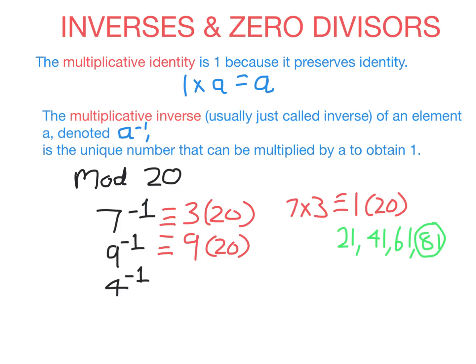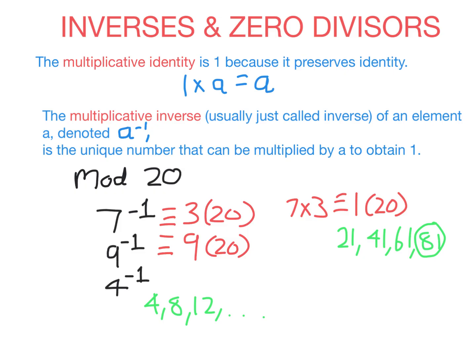All right, let's try and calculate the inverse of 4 mod 20. And hopefully you see here that we're going to run into a problem. So the problem is if you multiply 4 by any number, the answer is always even. 4 times 1, 4 times 2, 4 times 3, and so on. But any number equivalent to 1 mod 20, that is any number that's 1 more than a multiple of 20, is going to be odd.